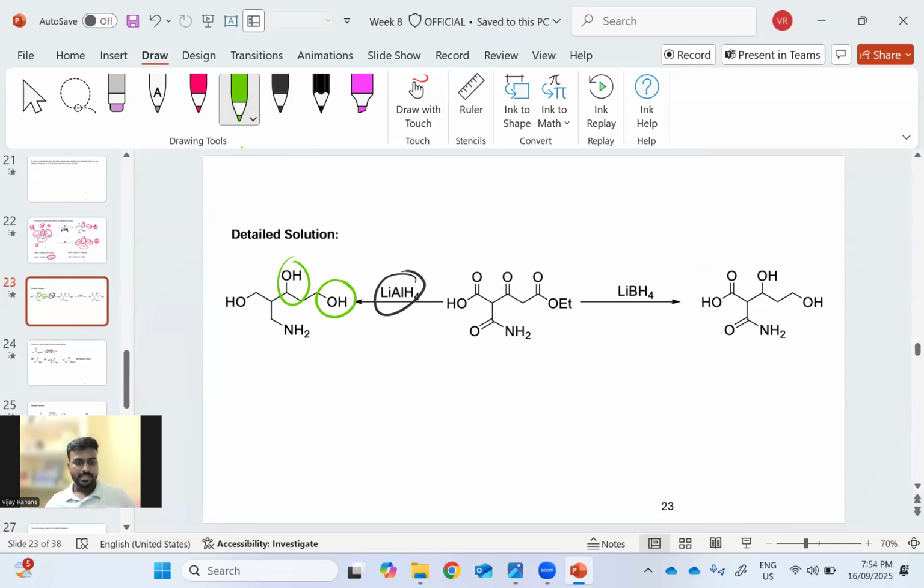LiAlH4 also reduces the acid group and the amide group. So this is the LiAlH4. The next one is where the ester group is reduced to alcohol. The keto group is reduced to alcohol again. The carboxylic acid group remains the same, and the amide group remains the same. So it is LiBH4.